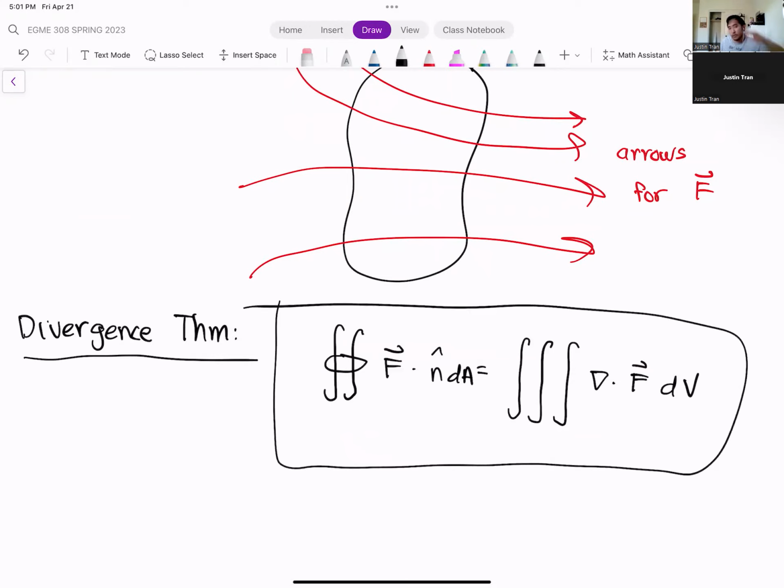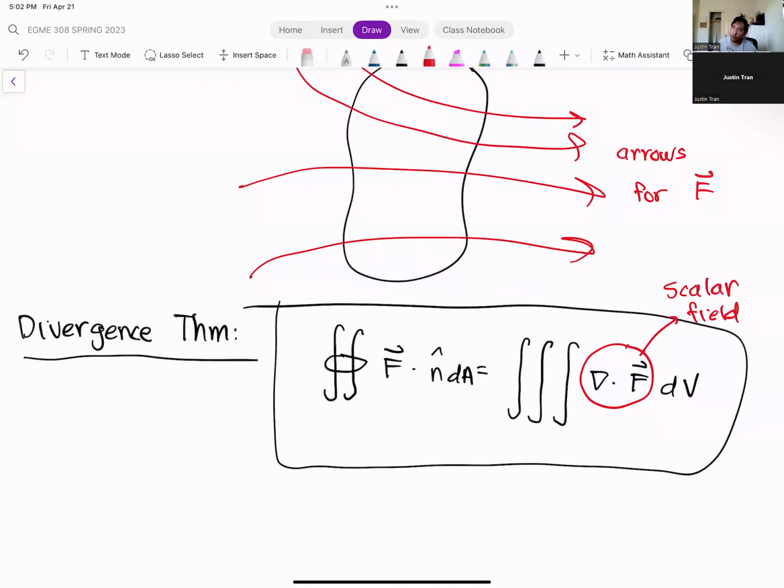Okay. And so believe it or not, a lot of times this quantity on the right is going to be a lot easier to compute, because remember, what happens when you take the divergence of a vector field? You end up with a scalar, right? So this right here is a scalar field, which is much easier to work with.